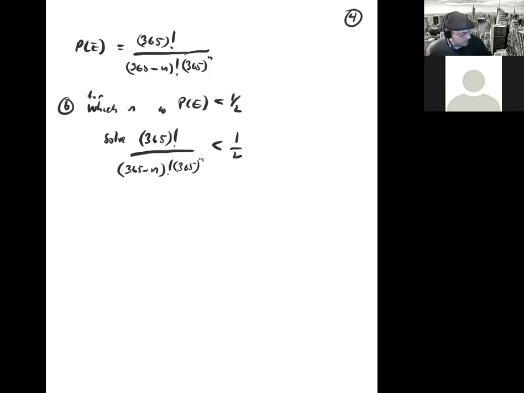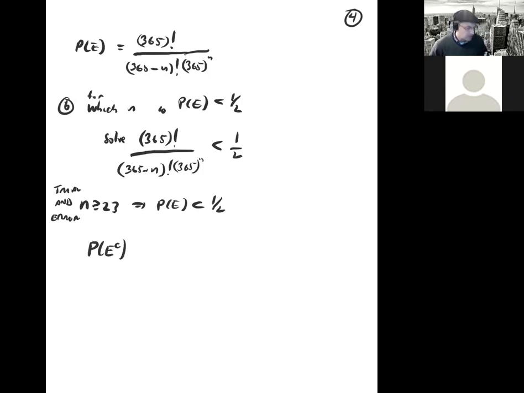And you'll see that if n is at least 23, then the probability of E is less than 1/2. So this is by trial and error. That's a lot of trial and error, but we can do it. It's not hard, it turns out. Now, what is the probability of E complement?